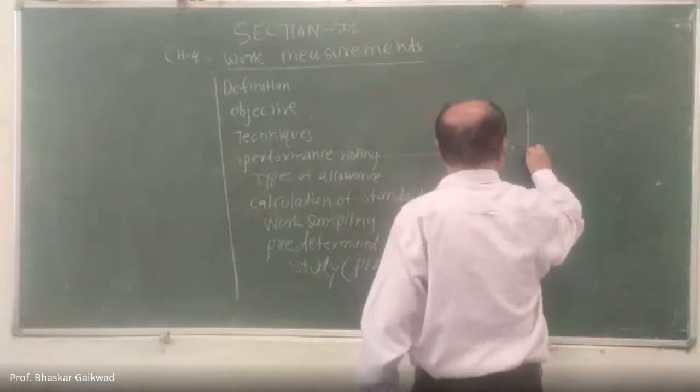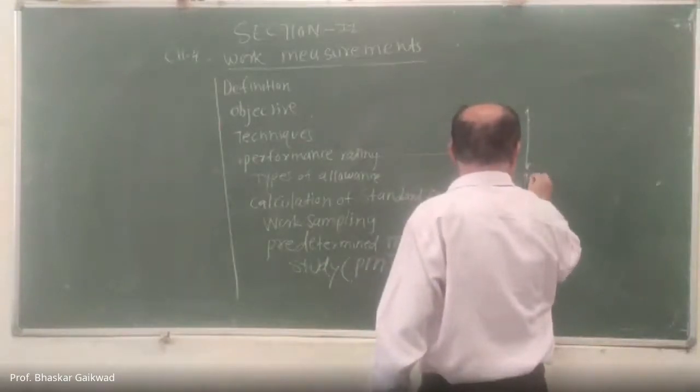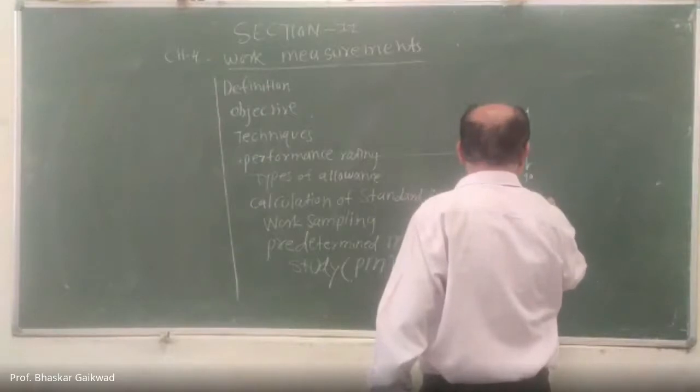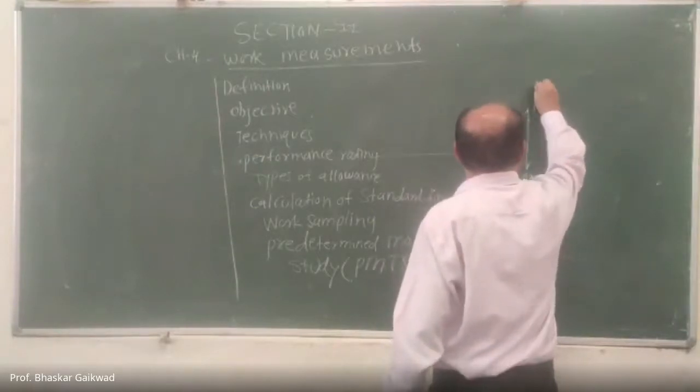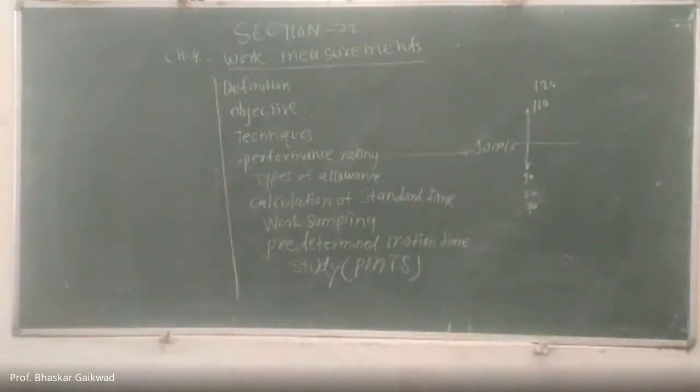Okay, it may go up or it may go below. 90, 80. So the man who is working on the machine, while calculating the standard time, you have to consider there is 100% performance.